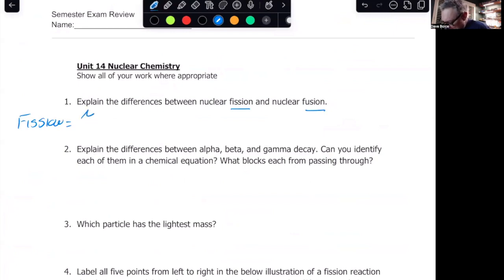So the split's important. It splits into two different things. And when it does that, it releases neutrons, and those neutrons will hit other nuclei and cause a chain reaction.